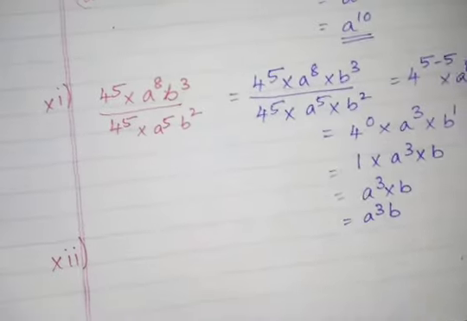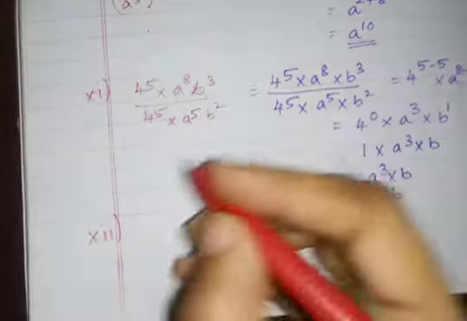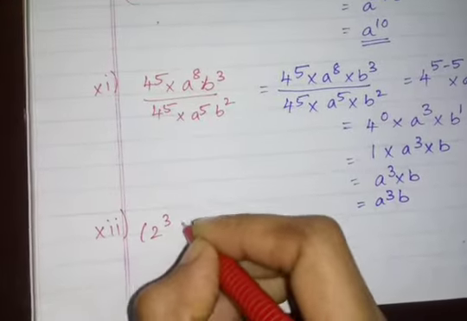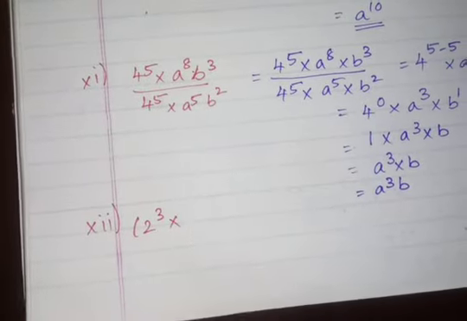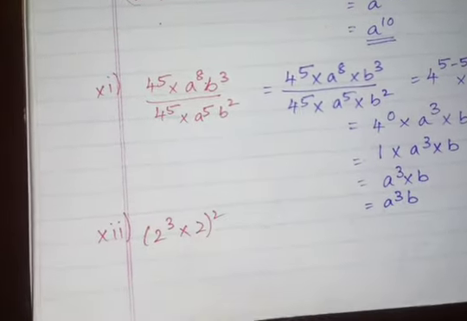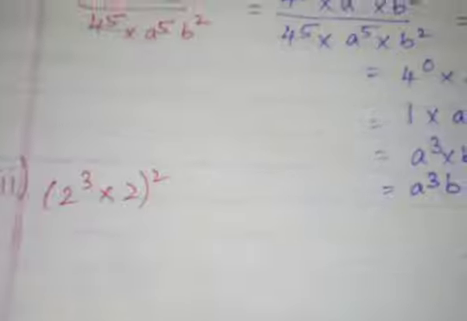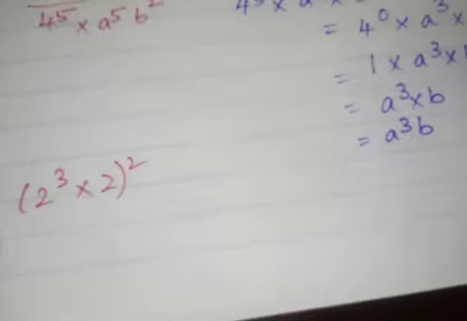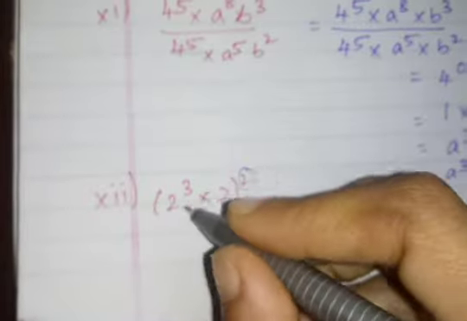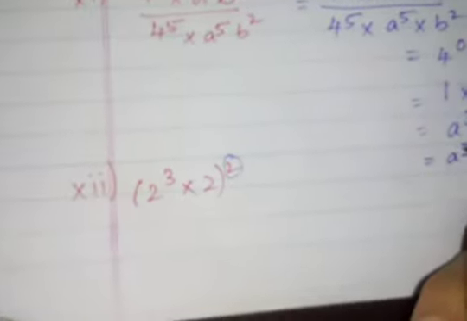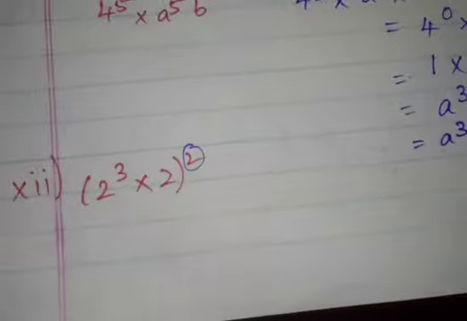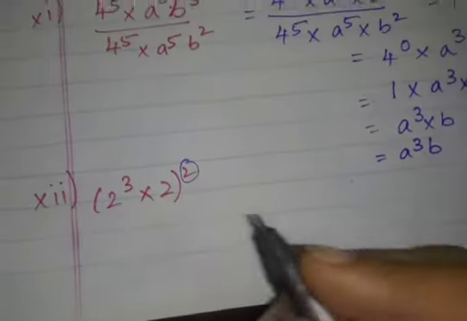12th problem. What is the next 12th problem, children? 2 cube into 2, the whole square. See, 2 cube into 2 square, 2 the whole square. Actually, this square is common for 2 cube also, and 2 also, children. So first you should do the operations inside the bracket, right?